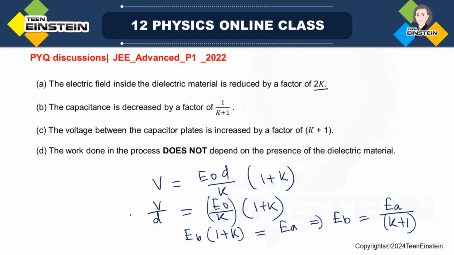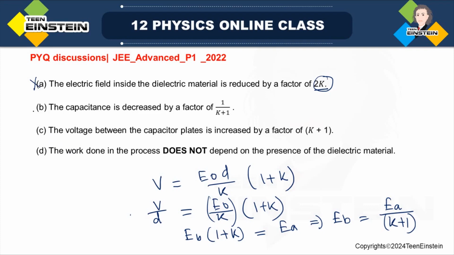Therefore I can say the electric field is actually reduced by 1 plus k times. At least we can see that the electric field inside the dielectric material is not reduced by a factor 2k, right? So this is not a correct option.